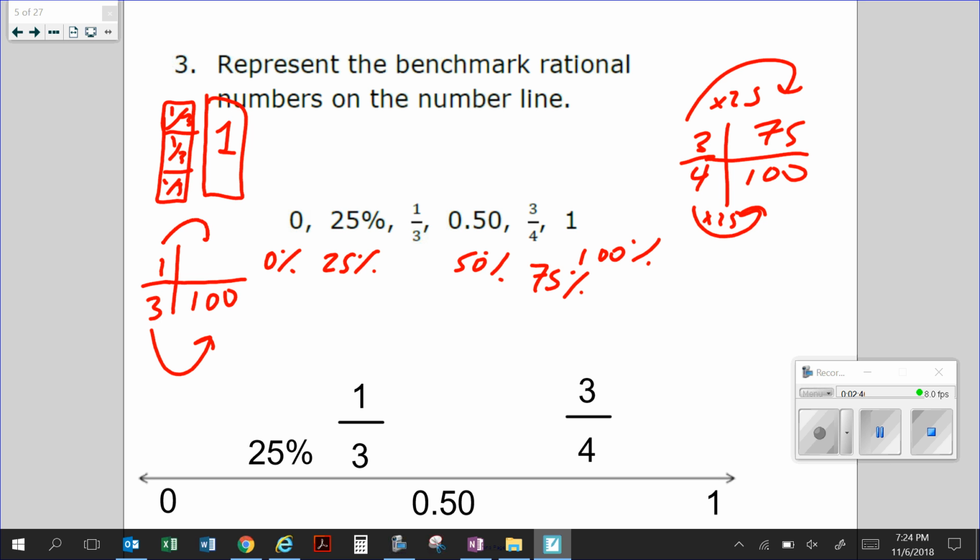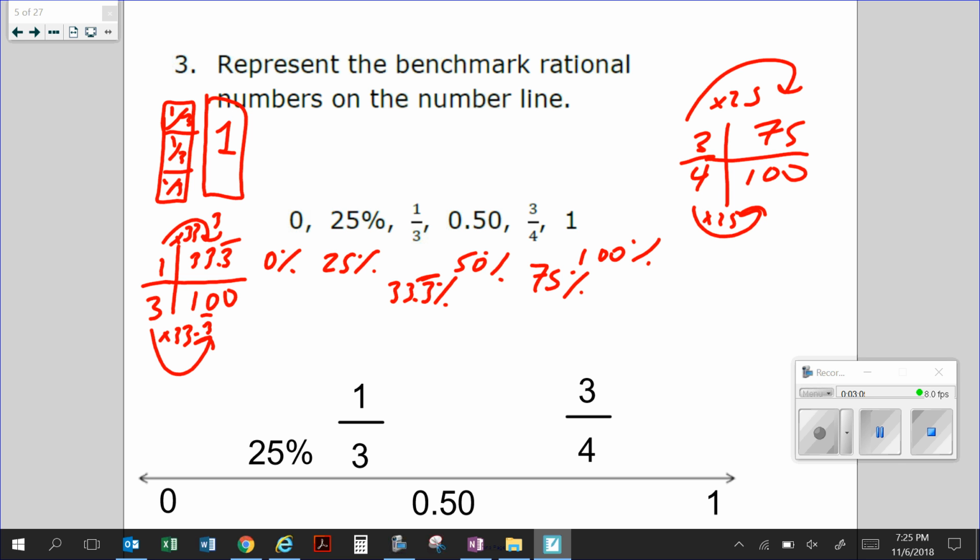You times it by 33, times it by 33, but it's only 99. Do you remember we saw it on the board, 33.3 repeating, 33.3 repeating. So it's 33.3 with a repeating bar percent.